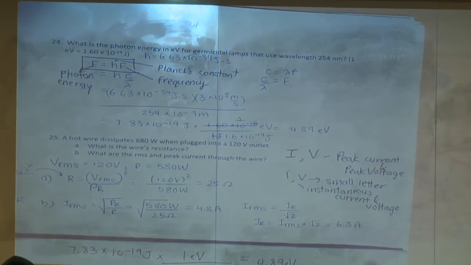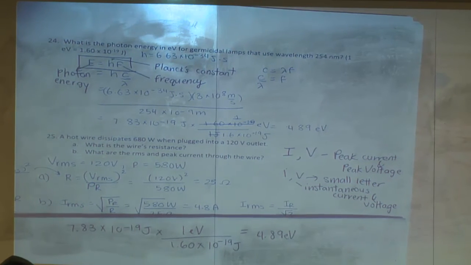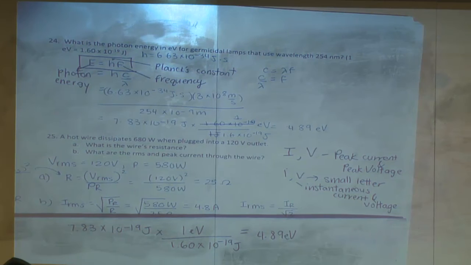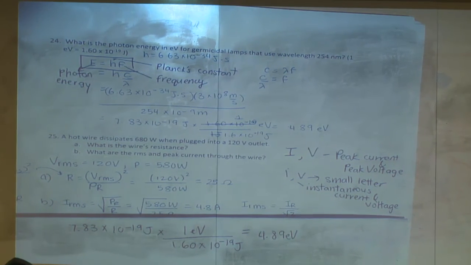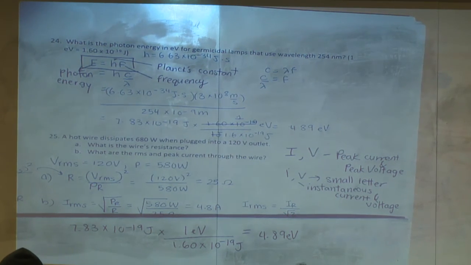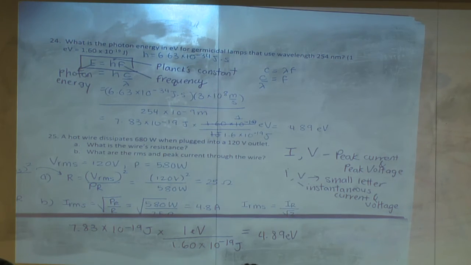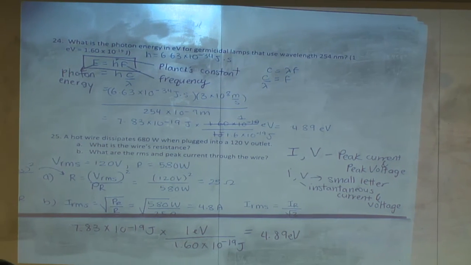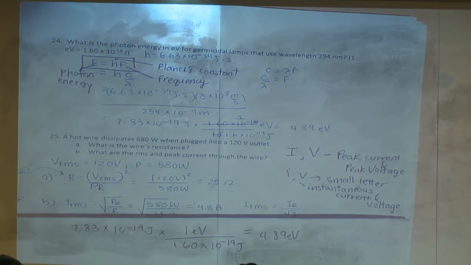Since we have oscillations of current and voltage, be mindful that we could have a positive and negative value, so we're going to have a positive peak current and a negative peak current. If you're confused about what I'm talking about, I recommend you go back to the textbook or the PowerPoints. It should have a graph with oscillations of the current and voltage, and a very nice table towards the end.